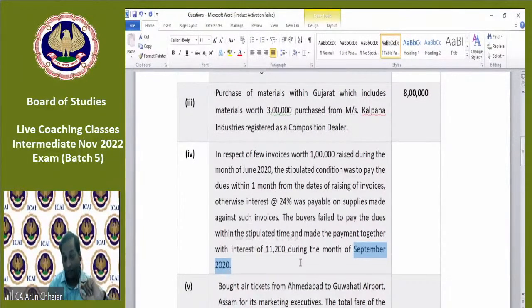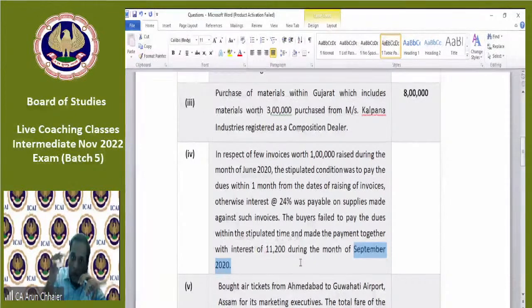The interest which we have discussed there is if the supplier fails to pay the taxes, then how much interest he has to pay. Here we are not talking about failure to pay the taxes to the government. Here we are talking about customer payment. If it comes within 1 month, no interest.